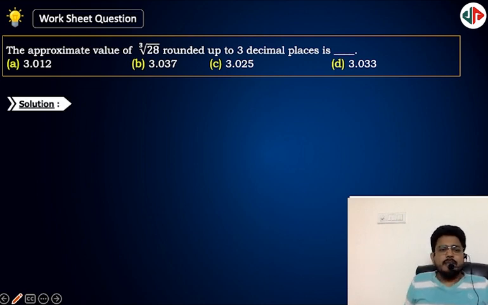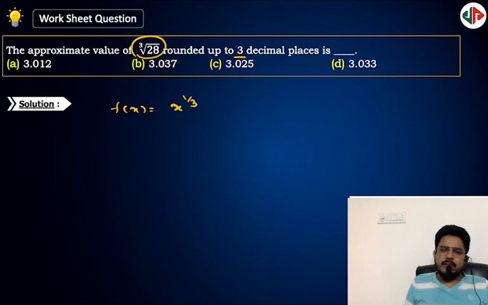The approximate value of cube root of 28 correct up to 3 decimal points. So clearly when you look at this one, I will write that f of x is equal to x to the power of 1 by 3, and x value should be 27, the nearest cube we knew, and delta x will be equal to 1.